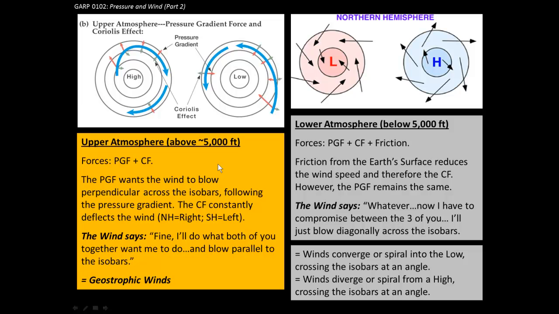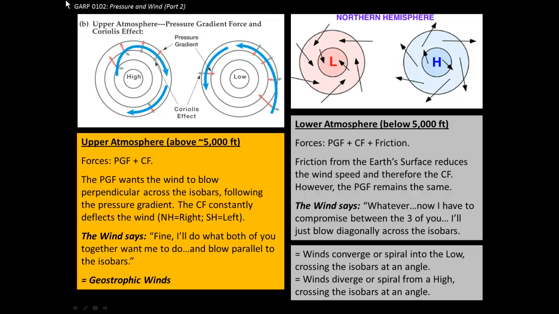Now, we can draw this not as a gradient, but as a pressure hill and as a pressure hole. Same here, pressure hole, pressure hill. The wind has to blow down the hill, gets deflected to the right, and crosses the isobars at an angle. And here, the wind spirals in, converges into the pressure hole, flows down into the hole, spiraling in, crossing the isobars at an angle.